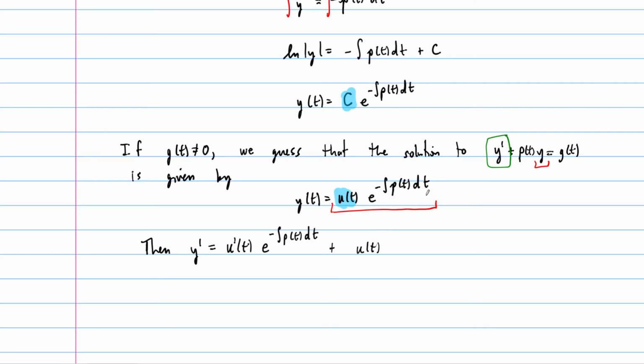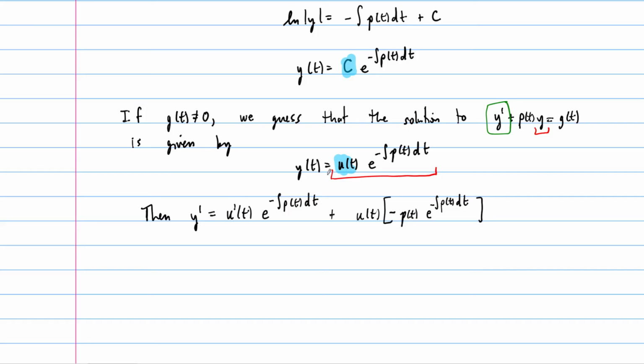And the rest of this, we have to take the derivative by chain rule, right? So the derivative is going to be the function itself, e to the minus integral p of t dt, times the derivative of the upstairs. So there's a minus, and then the derivative of the integral is just going to be p. Okay, so all of this becomes the y prime.